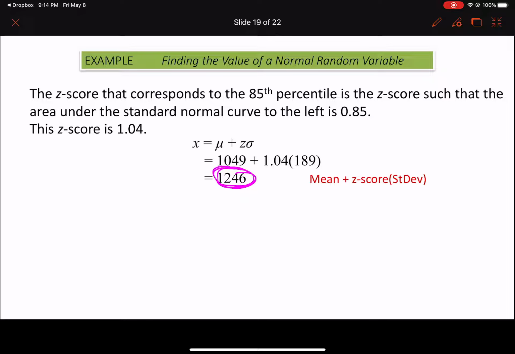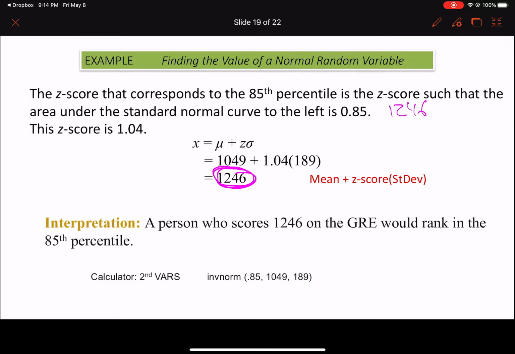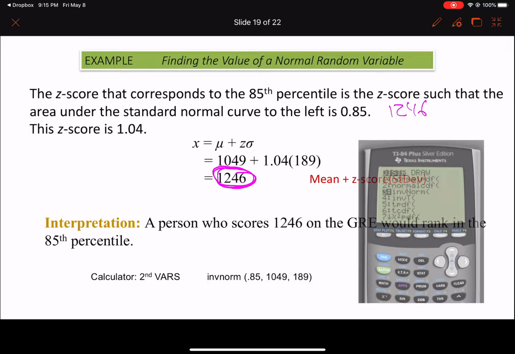Let's see what happens when I put it in my calculator. Let's see how close we get. So we had 1246. All right, let's take a look. So you go down to the third choice here. Inverse norm is your third choice when you do second vars.